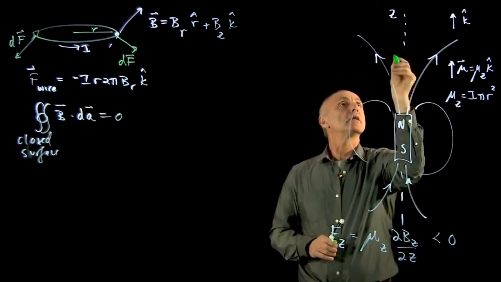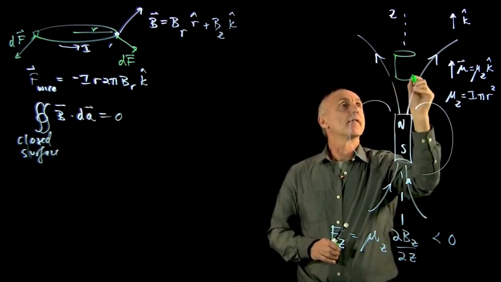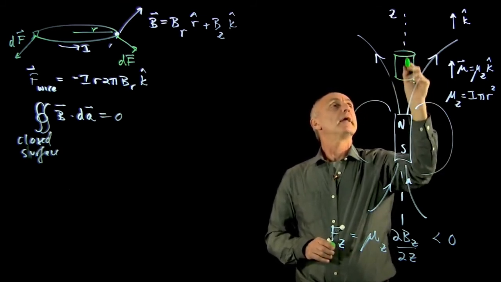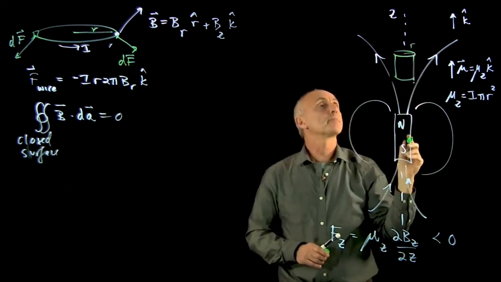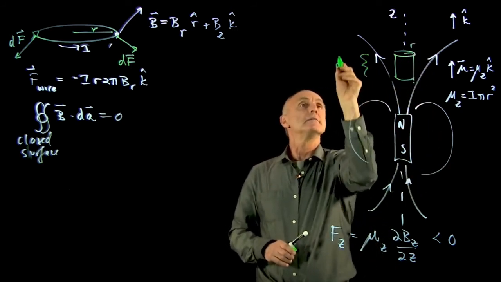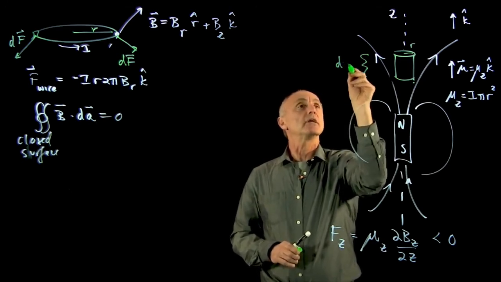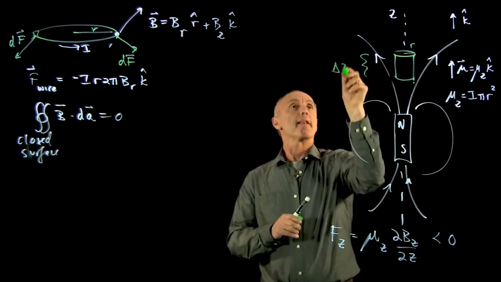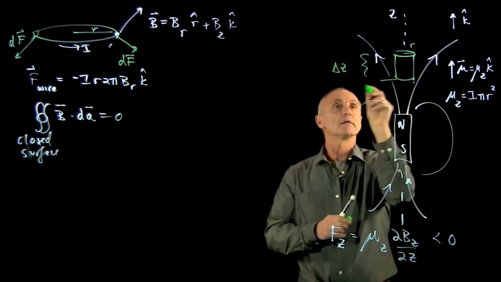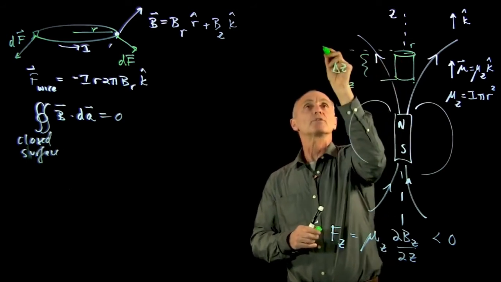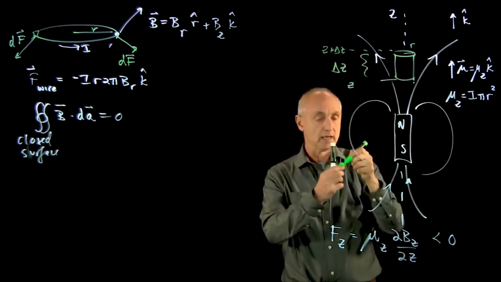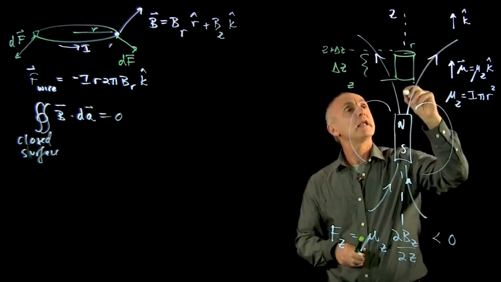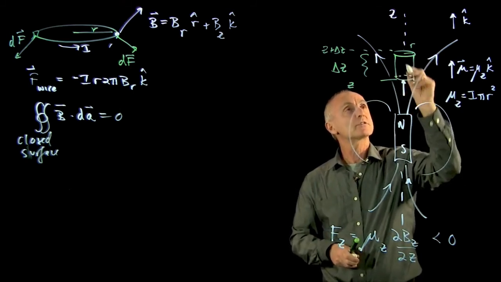So I'm going to pick a little surface like this. And this surface has a radius r, and a height delta z. And this is the point z, and of course up here is z plus delta z. Now, on this surface, notice that we have magnetic flux coming into the bottom face.